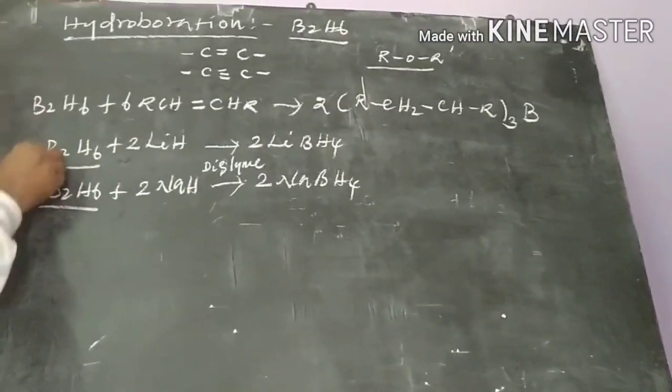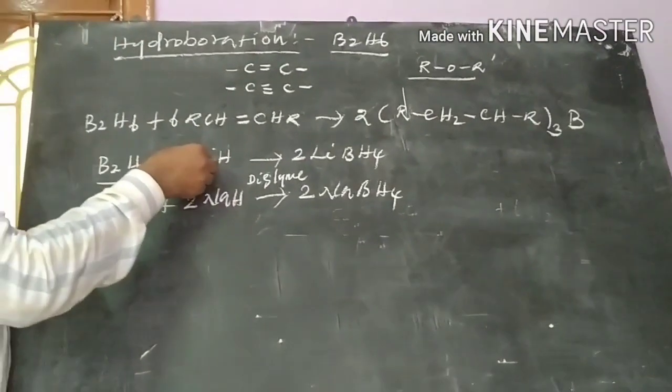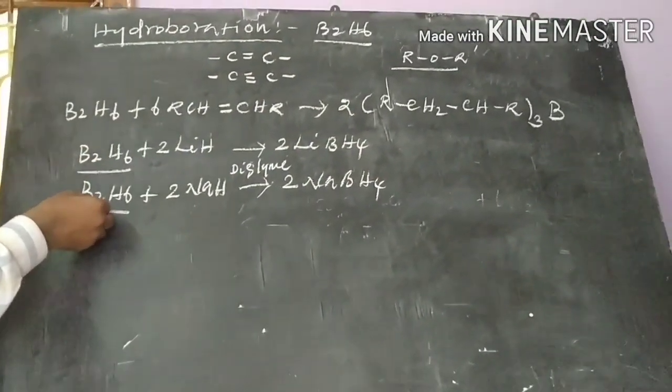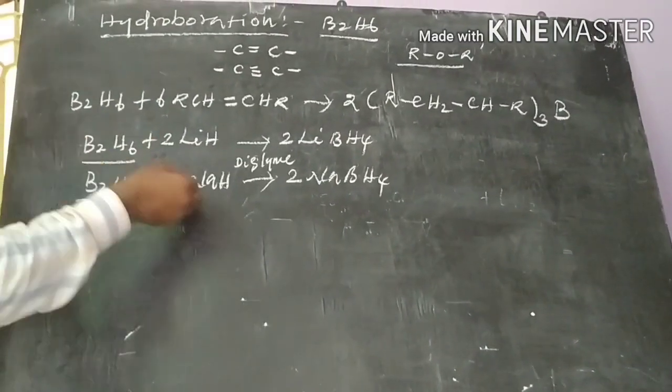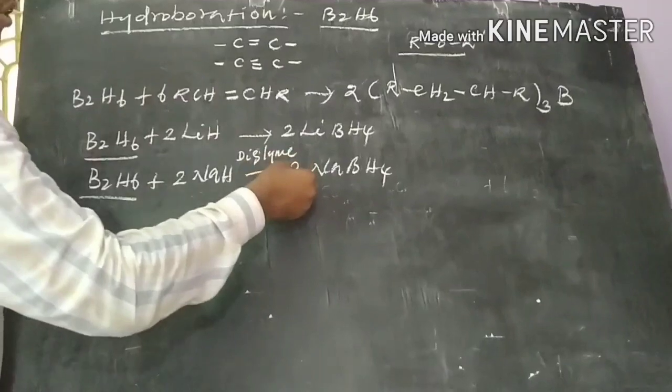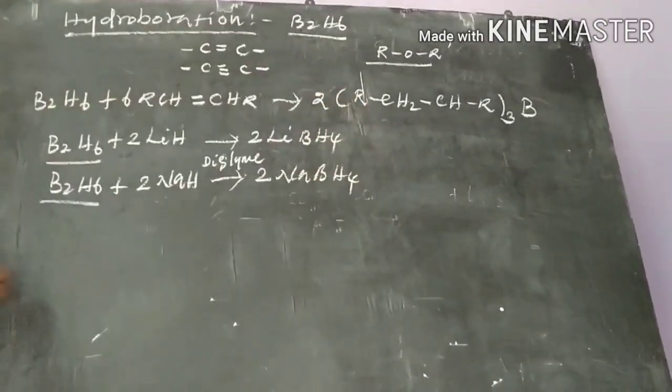Diborane reacts with lithium hydride to give lithium borohydride. The same diborane reacts with sodium hydride in presence of diglyme to give sodium borohydride.